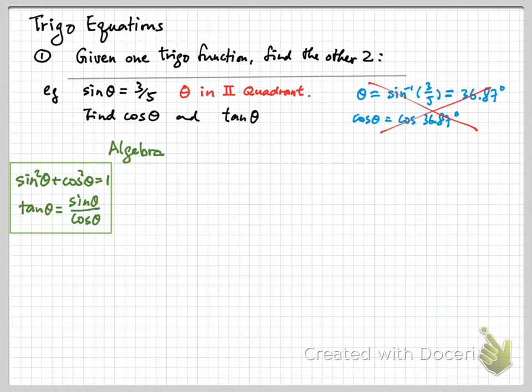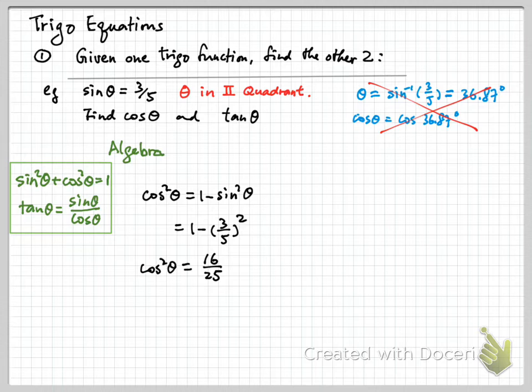For example, in this one, we have cosine square theta will be 1 minus sine square theta. Alright, knowing that sine theta is 3/5, so that is just 1 minus 3/5 square, and that turned out to be 16/25. This is cosine square theta. So you take the square root, cosine theta will be plus minus 4/5. Alright, so shall we take the plus or the minus?